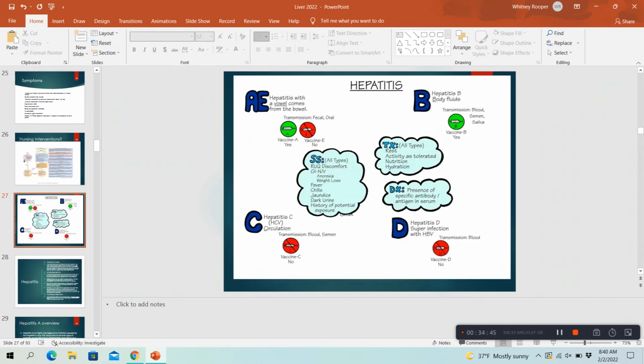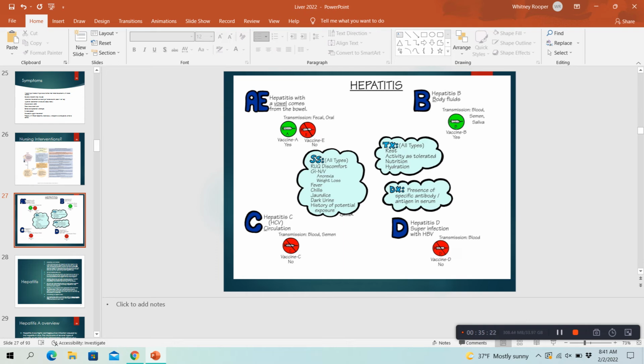Now we're going to go to our hepatitis. This is where I was asking you questions from. Everyone covered pretty much everything that they had on their assignments. A and E go together. If it's a vowel, it comes from the oral route of transmission.